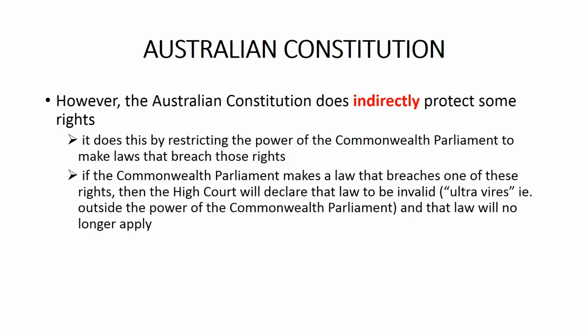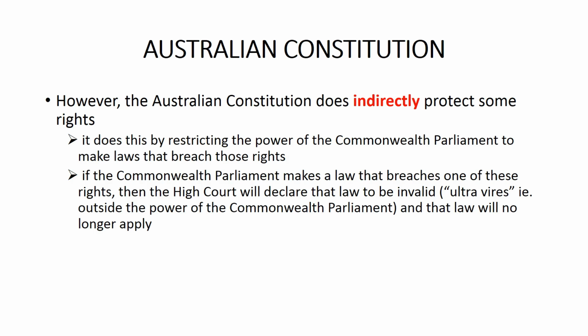If the Commonwealth Parliament were to make a law that breached one of the rights set out in the Australian Constitution, then the High Court would declare that law to be invalid, or, to use a legal term, ultra vires, that is, outside the power of the Commonwealth Parliament. Where a law is declared to be invalid, it no longer applies.